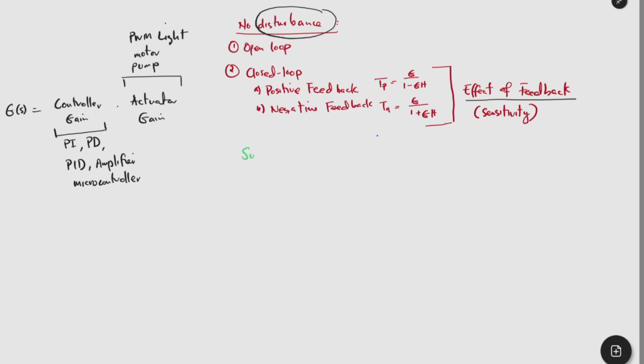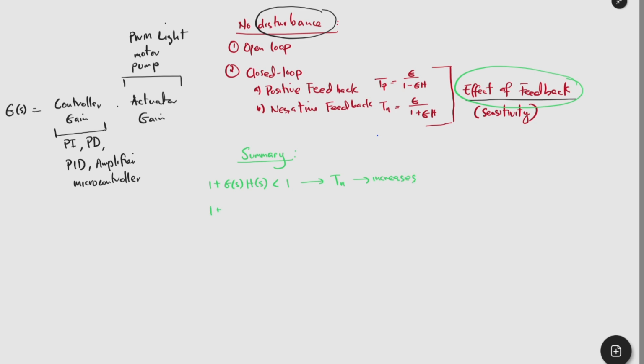Now we can provide a summary based on the effect of the feedback transfer function of a control system, such that if the denominator 1 plus G(s)H(s) is less than 1, the transfer function T(s) will increase.